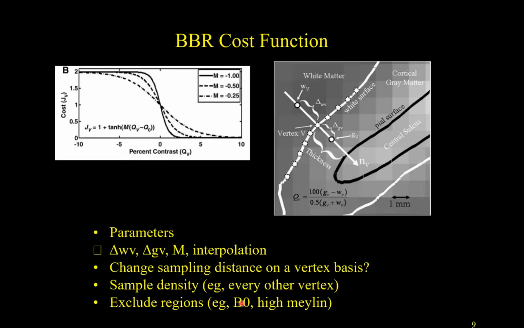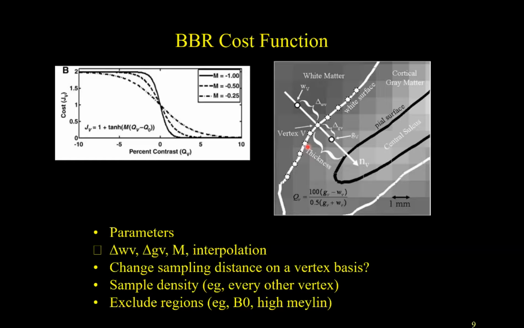And then there are also regions that you can exclude. So you remember with FreeSurfer, we're doing a cortical-based segmentation. So what comes out of the anatomical analysis are all of these different regions of interest on cortex. And some of those are known to be, say, high myelin regions where you might not have great gray-white contrast, or B0 regions.